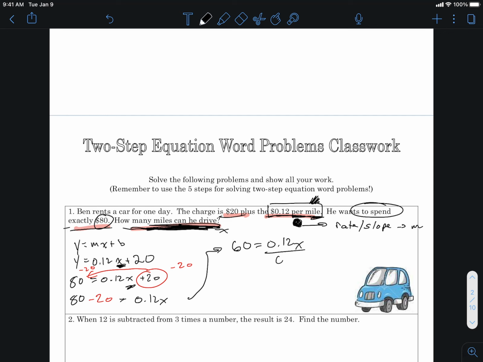And then you can just divide both sides by 0.12. I don't know what that is though. That one I need my calculator for. Alright, so we're going to go, we should get 500.